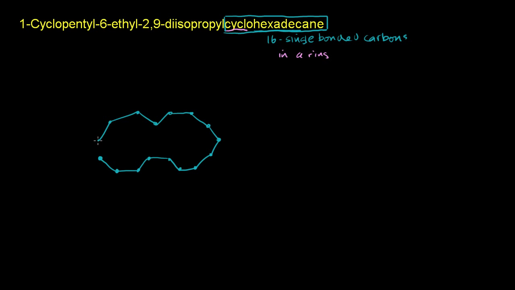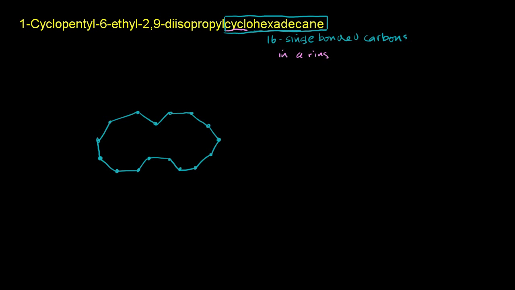I think I got it. Let me count them again, and then I can connect them up in a cycle. So it's 1, 2, 3, 4, 5, 6, 7, 8, 9, 10, 11, 12, 13, 14, 15, 16. All right, I drew the cyclohexadecane part.